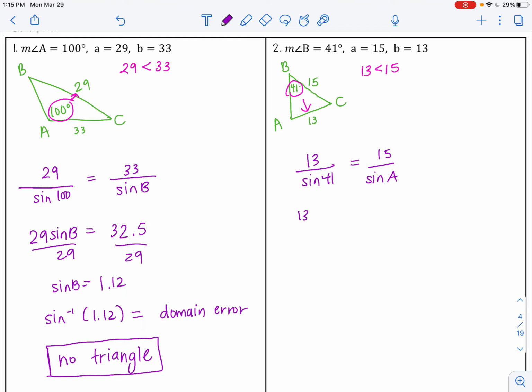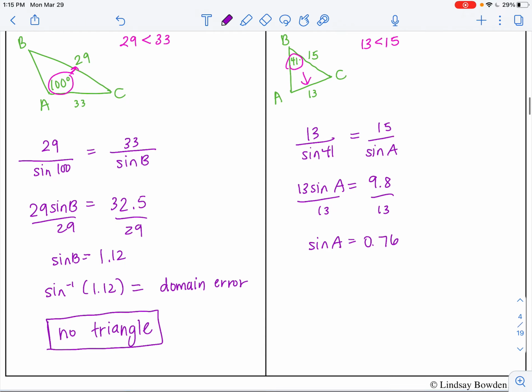All right, so 13 sine A equals 9.8. Divide by 13 on both sides. And then to solve for A, I would need the inverse sine, which gives me about 49.2 degrees.